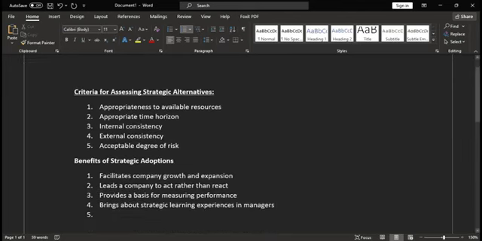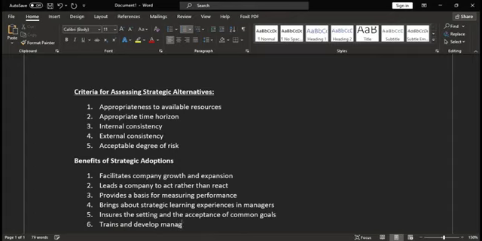Five, it ensures the setting and the acceptance of common goals. Six, it trains and develops managers to inculcate strategic action skills.